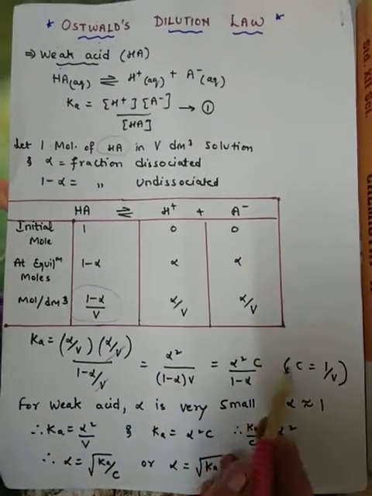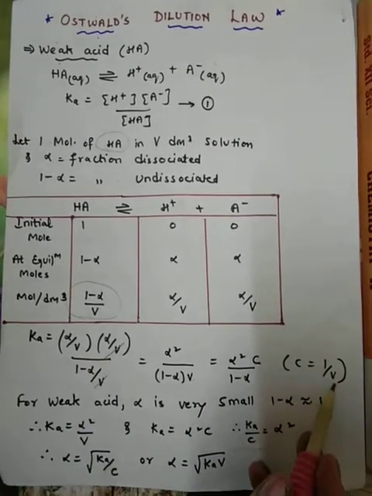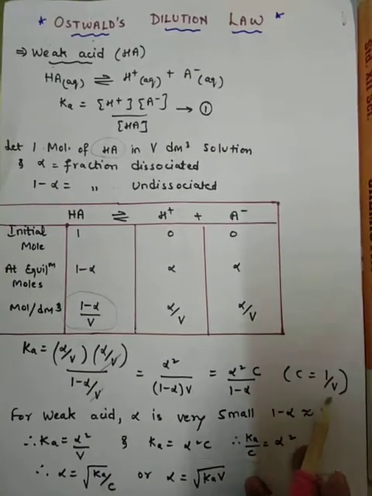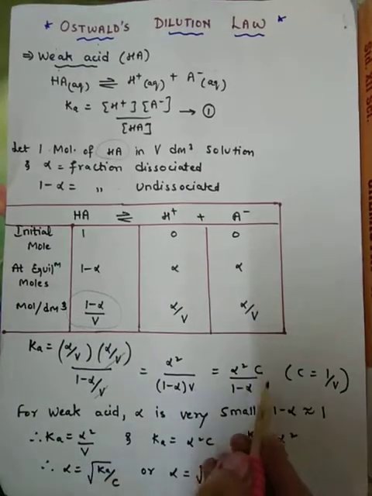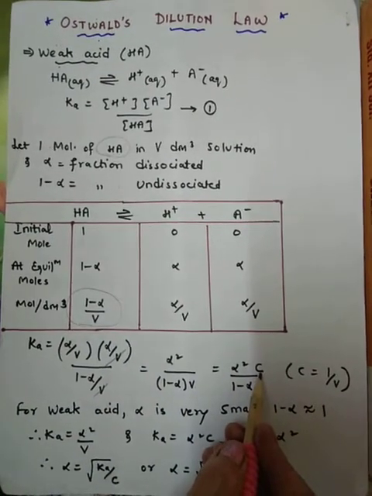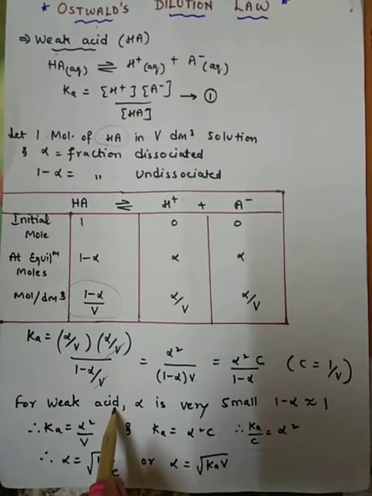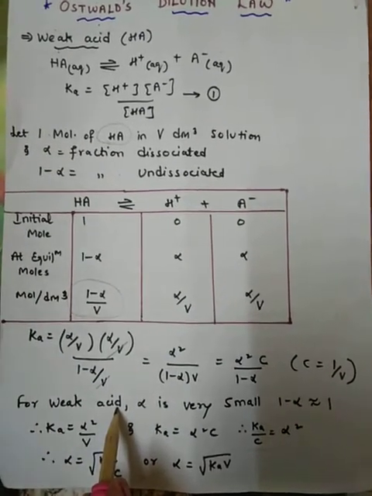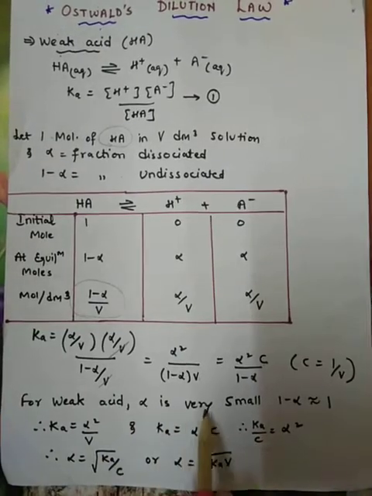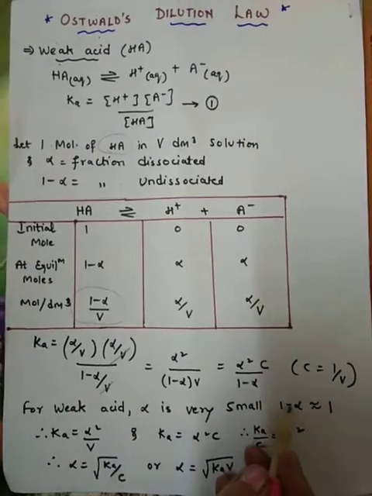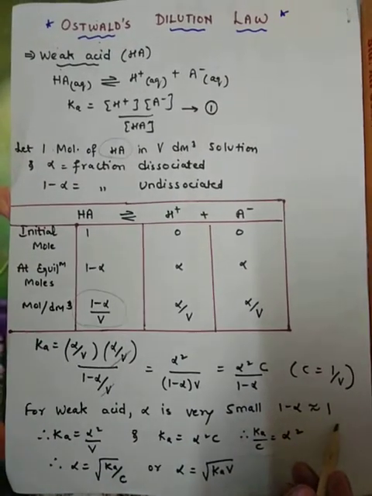We know that concentration is just the reciprocal of volume, or it is inversely proportional to volume. So this 1 by V can be substituted as C, which represents concentration. Now, as already said, HA is a weak acid, so a very small amount of it will dissociate, which means alpha is very small. So 1 minus alpha is approximately equal to 1.